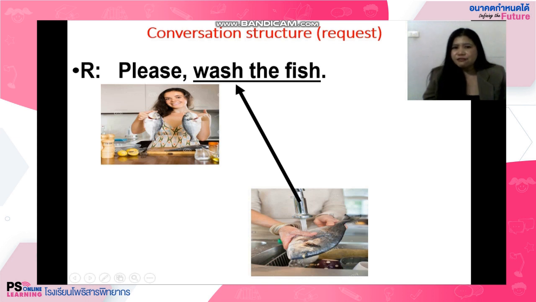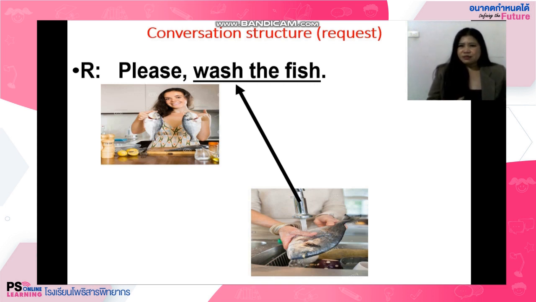It's the same photos as the previous ones, the question and answer. The question was like, what should I do with the fish? But this time it's a request. You're asking someone to do something for you. That is a request.